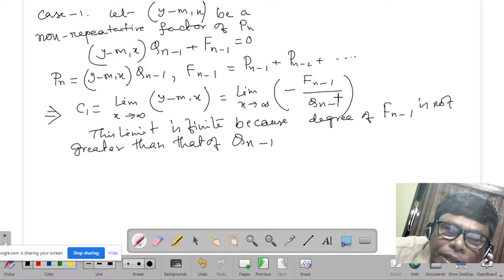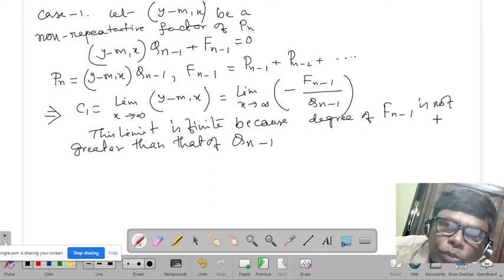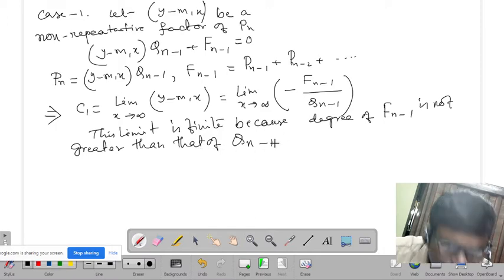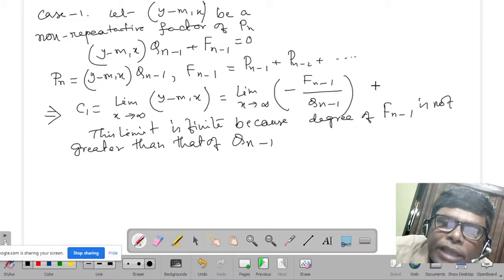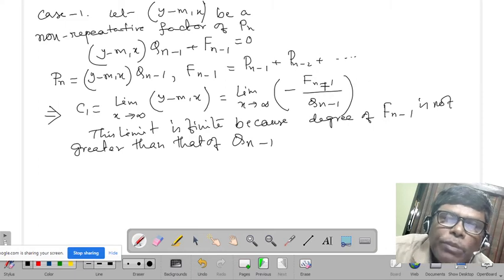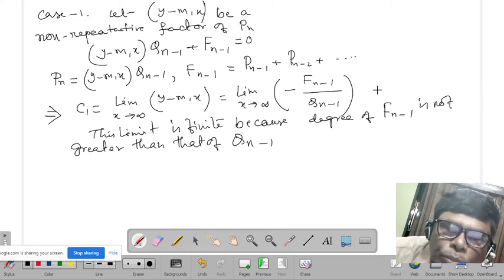So this is a finite term because there is no term like 1 by x or so on, because of this fact the degree of fn minus 1 is not greater than this term. So there will be no term like x or x square, so that the whole limit goes to infinity. It may go to 0 or it may be some finite number.